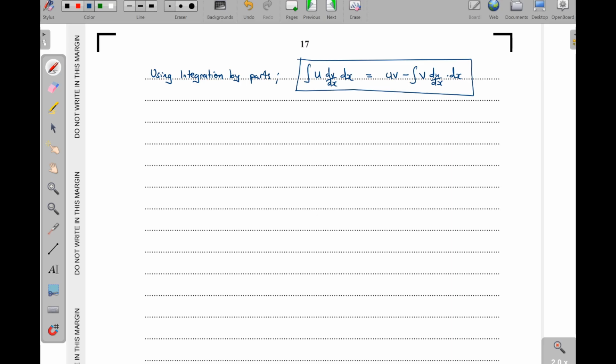That means that when I'm integrating x, then the arctan of 2x with respect to x, I will get our u is this arctan of 2x. Then our v is the x squared over 2.